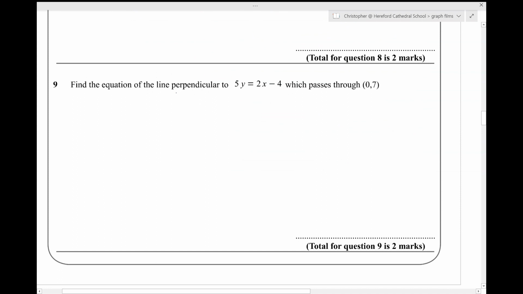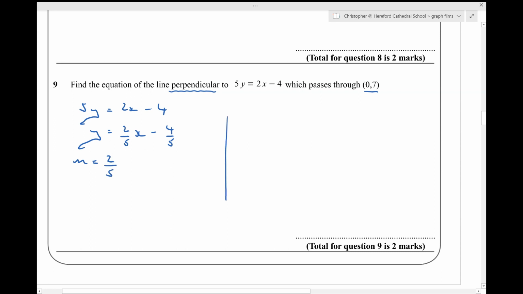Find the equation of a line perpendicular to this one, which passes through 0, 7. Let's first of all find out the gradient of the line in the question. Divide everything by 5. y equals 2/5 of x minus 4 over 5. Good. So the line in the question has a gradient of 2/5.